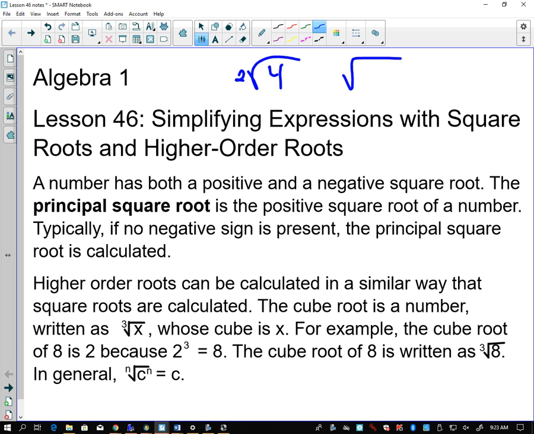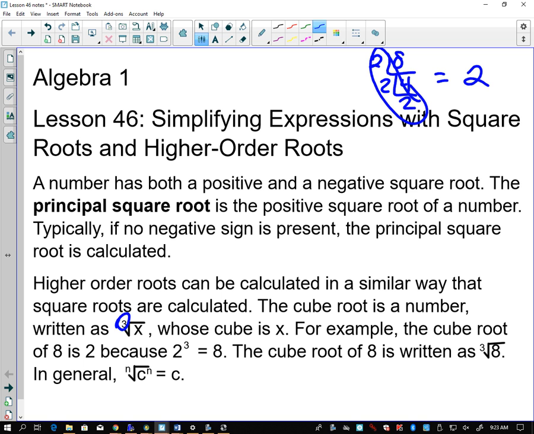So if we broke 8 down, if we found the prime factorization of 8, we'd get 2 times 2 times 2. And because it's the cube root, we're looking for 3 of something. What do I have 3 of here? I have 3 2s, so the cube root of 8 is 2. 2 times 2 times 2 is 8. Does that make sense?